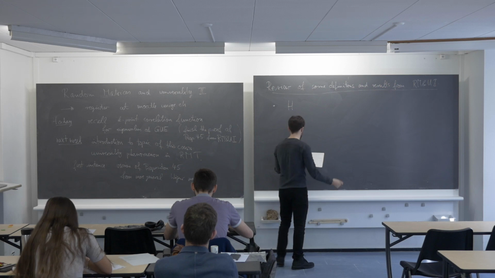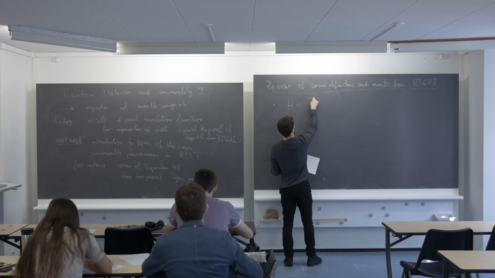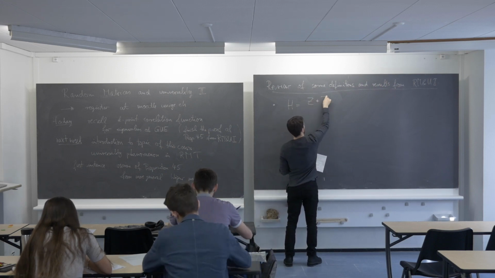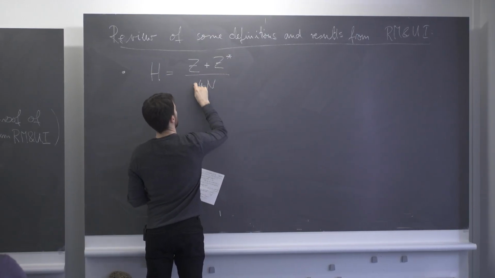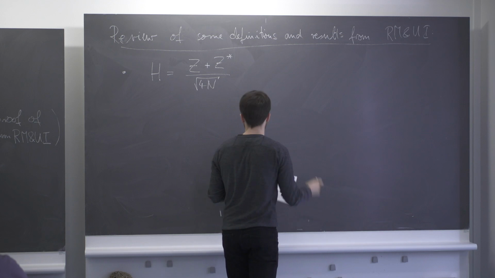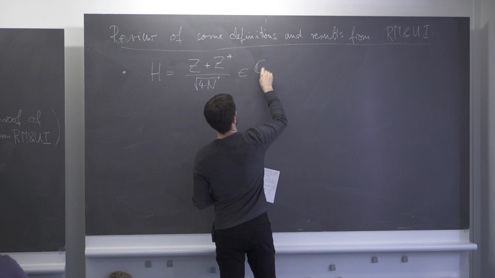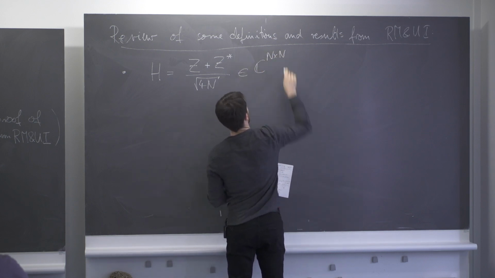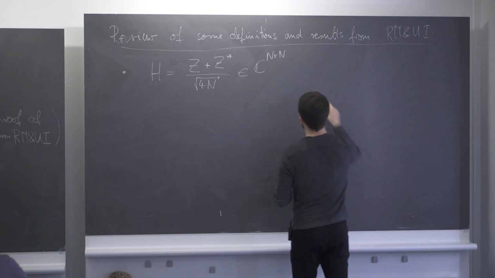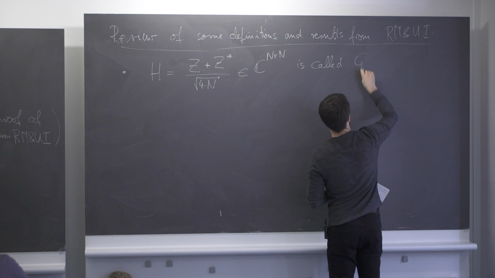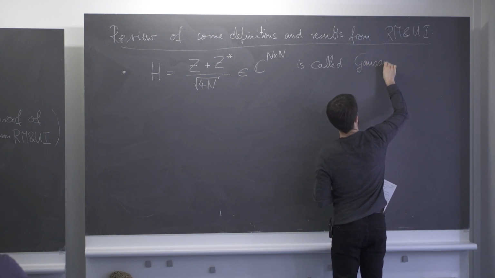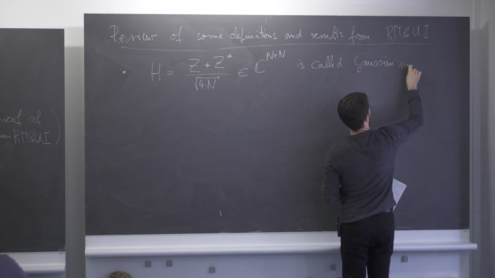I look at the matrix H, which has the following structure. We want to write it as (Z plus Z star) over square root of 4n. It's supposed to be an n times n matrix, and this is called a Gaussian unitary ensemble.